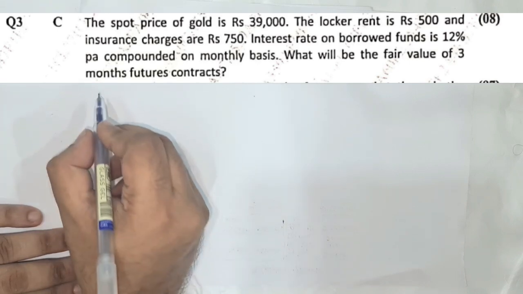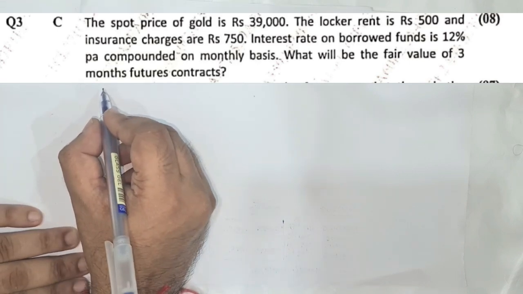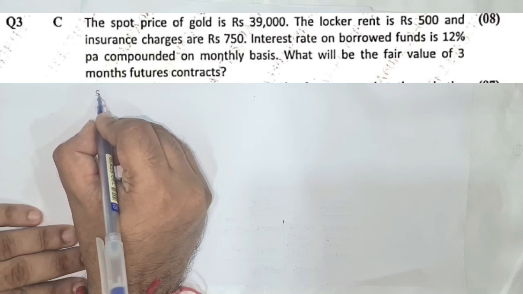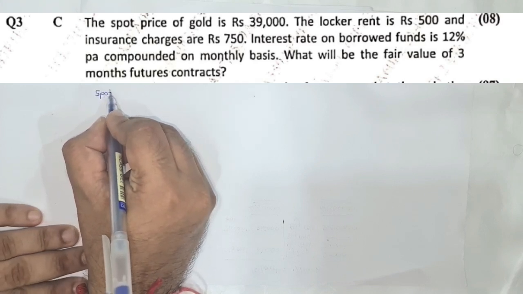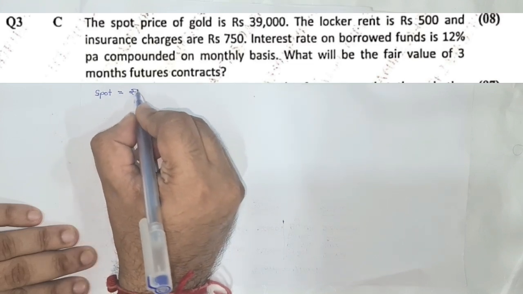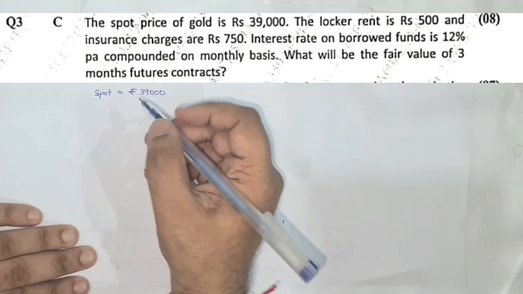So first we will note down all the data that they have given us. The very first thing is the spot price. I'm writing the spot price is rupees 39,000, that is the spot price of the gold.